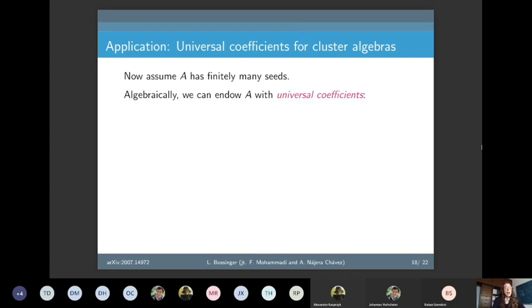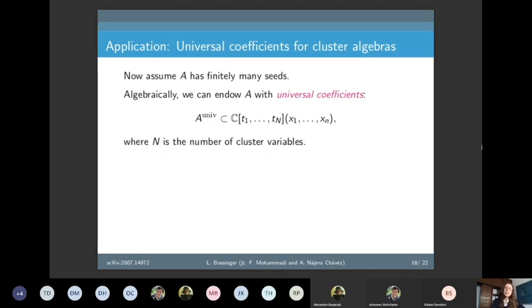So we can now endow A with universal coefficients, and this will give me another cluster algebra that lives again in the field of rational functions in variables x_1 to x_n, but has coefficients in polynomials in t_1 to t_N, where capital N is now the number of all cluster variables.